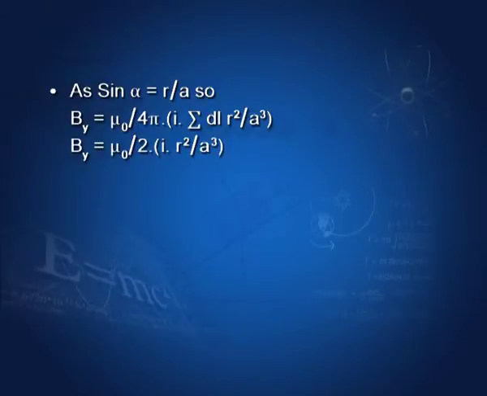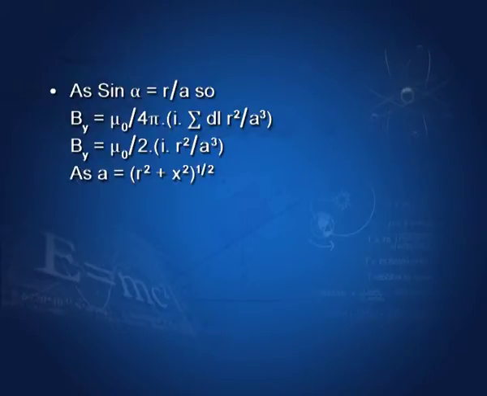As sin alpha equals r upon a, substituting this value, and summation of dl is 2 pi r, we get By equals mu naught upon 4 pi into I into 2 pi r square divided by a cube. We cancel 2 pi with the 4 pi, so the remainder is 2. We get By equals mu naught upon 2 into I into r square divided by a cube.